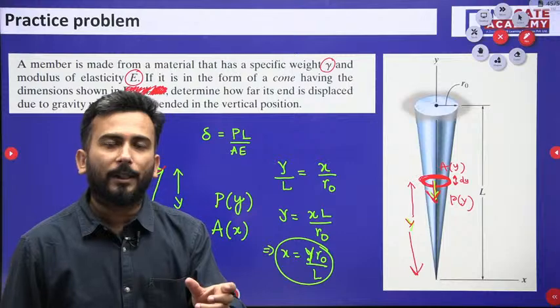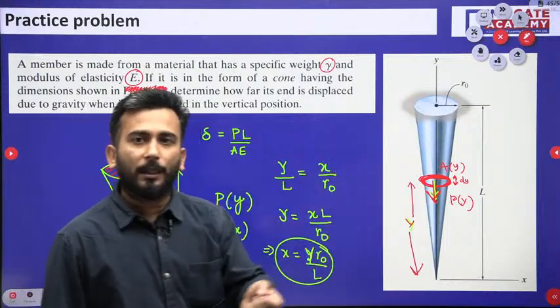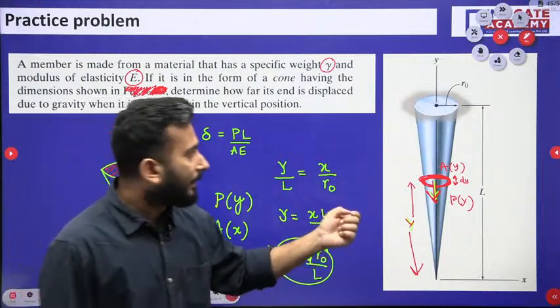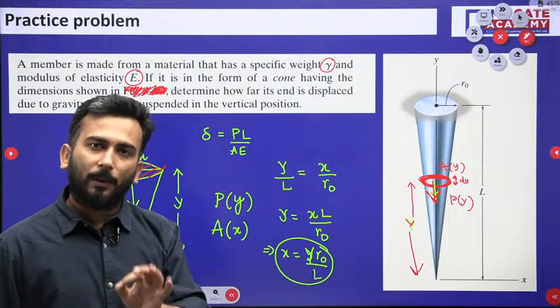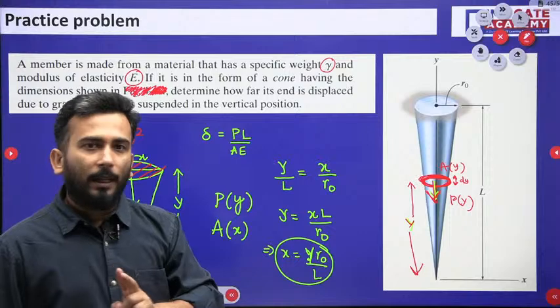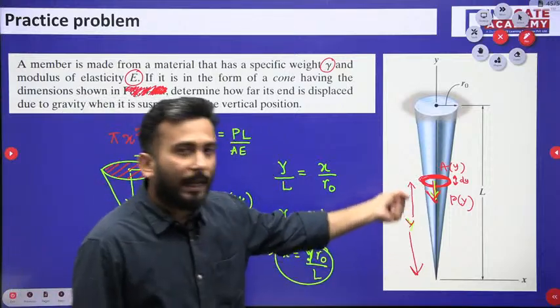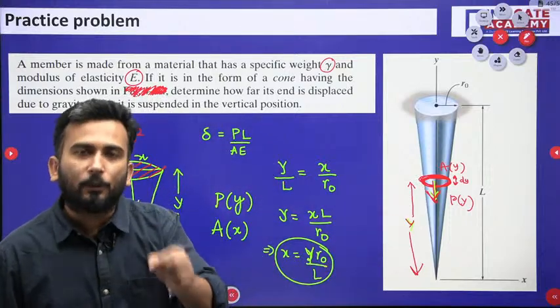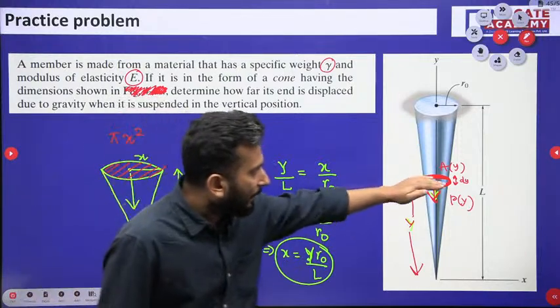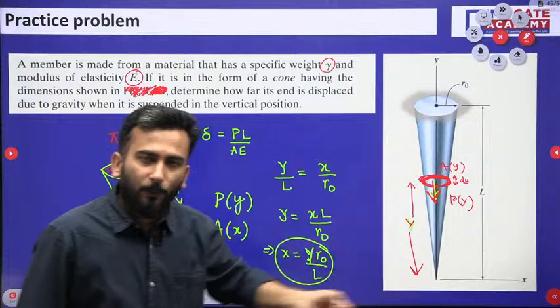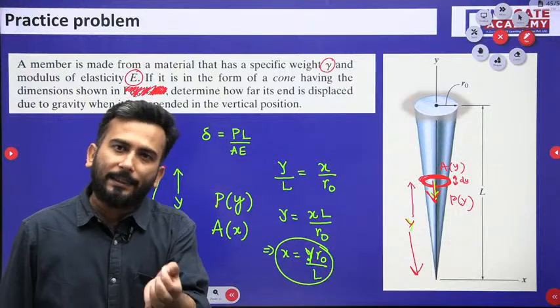When it is hanging at this position, you can clearly see that, number 1, the area is changing at every cross section. Number 2, the force applied at every section is also changing. The weight which pulls down any section is changing.